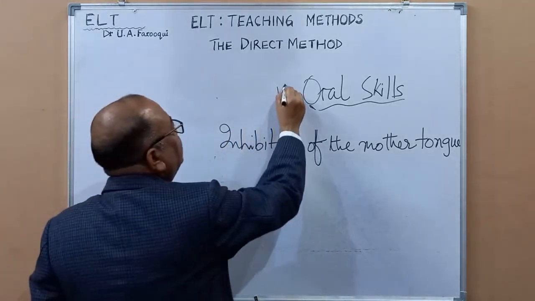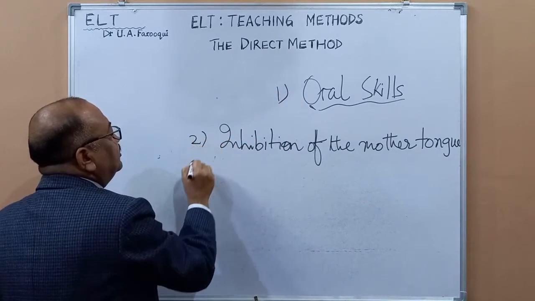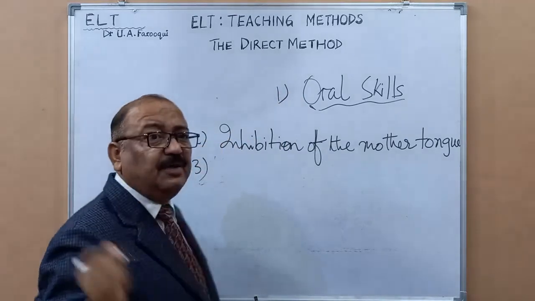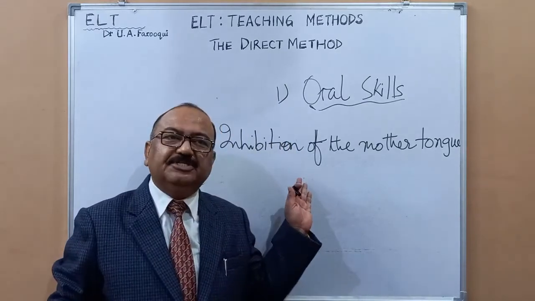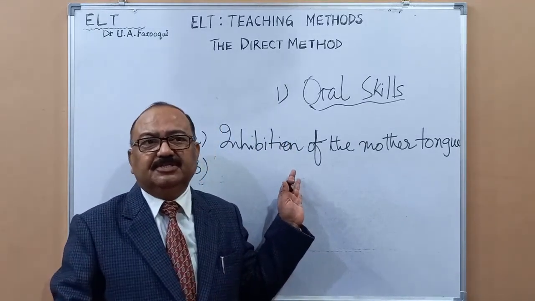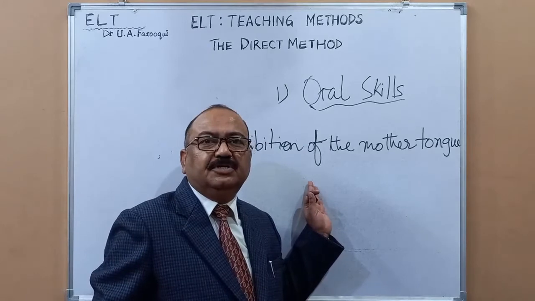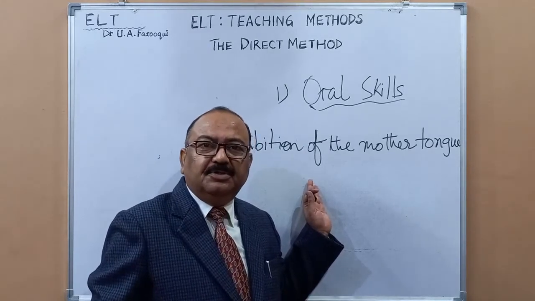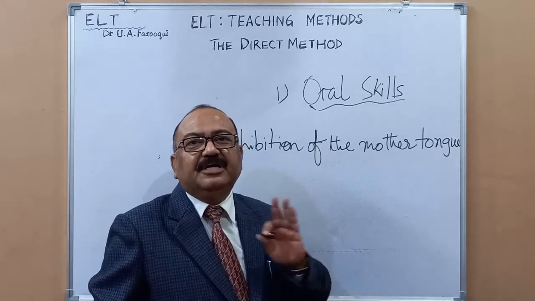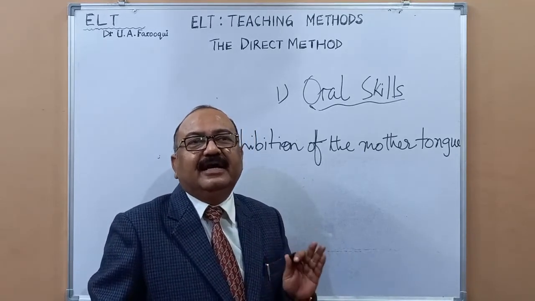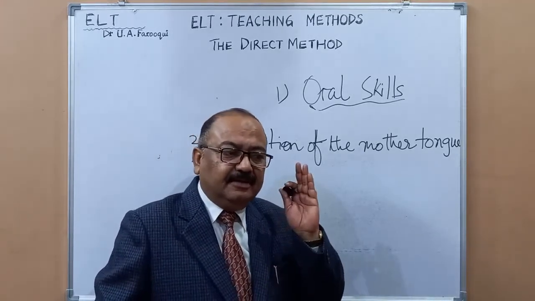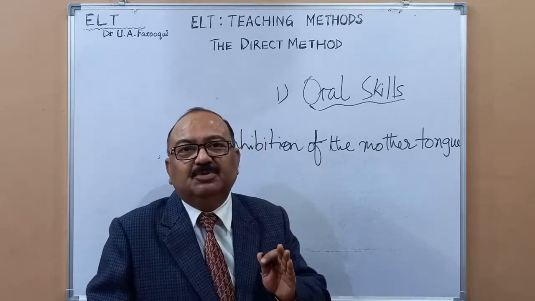So this is oral skills, and then you have inhibition. Now, if I continue this, do you understand what is inhibition? Taboo. In an English language class where English is taught through the direct method, I said that the mother tongue is a taboo.